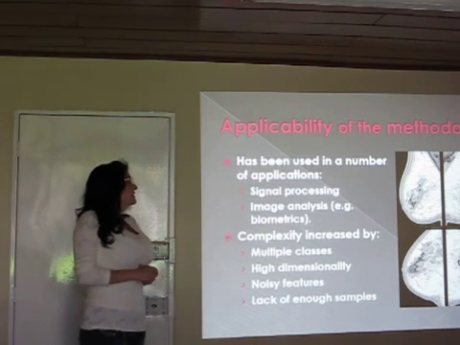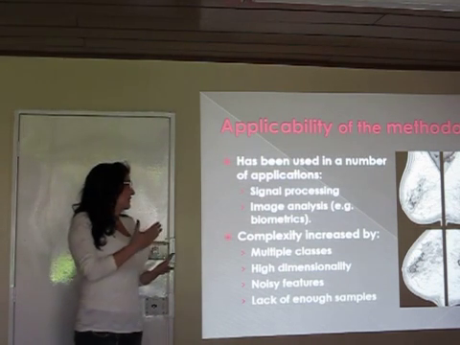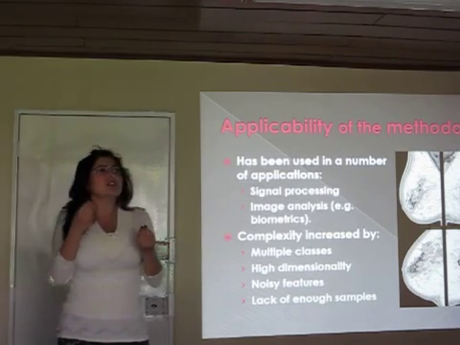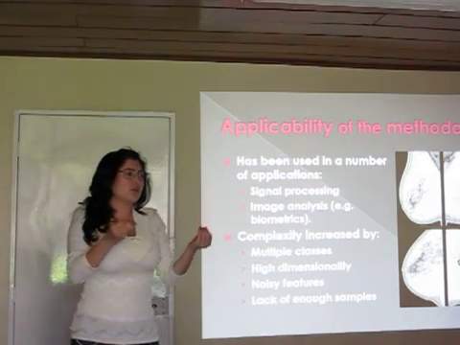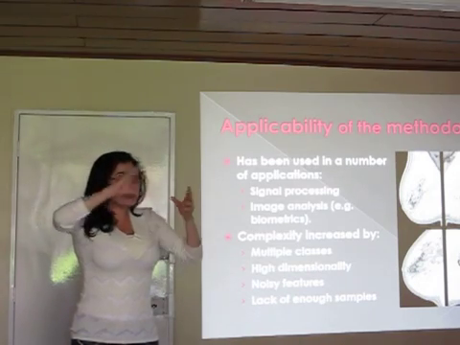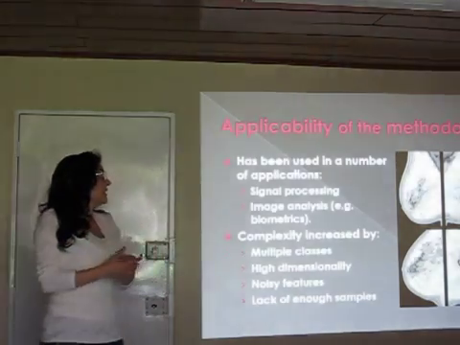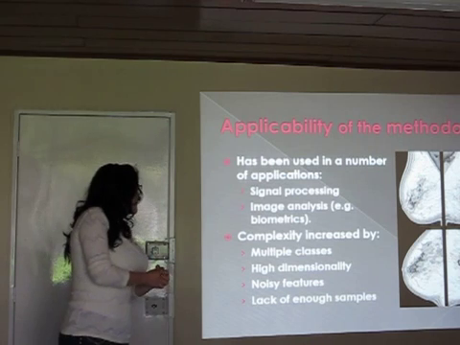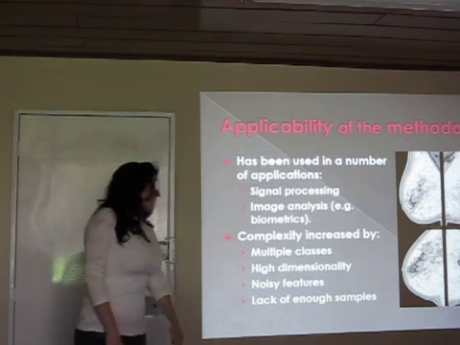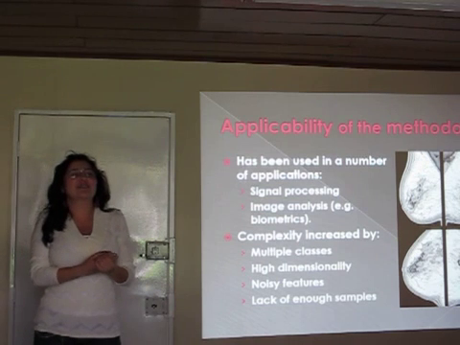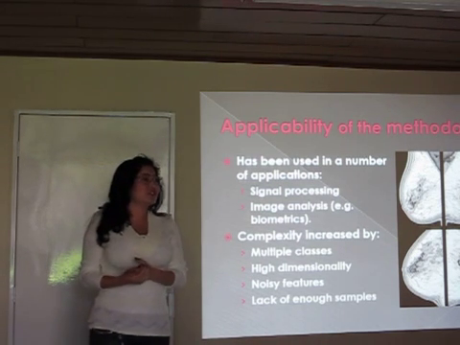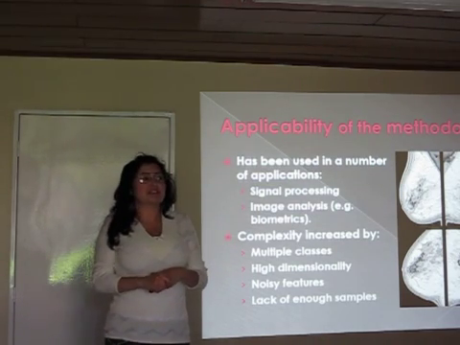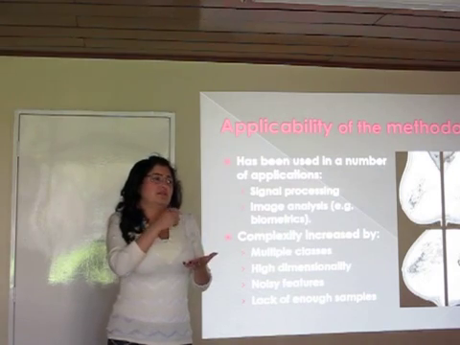The complexity in this case is increased by multiple classes, that is, you don't only have something like normal and abnormal behavior. Normal behavior can be defined by several features, by several classes, that involve high dimensionality in the data, and also we have several noisy features, that is, not always in an image or in a process history are the data clean.